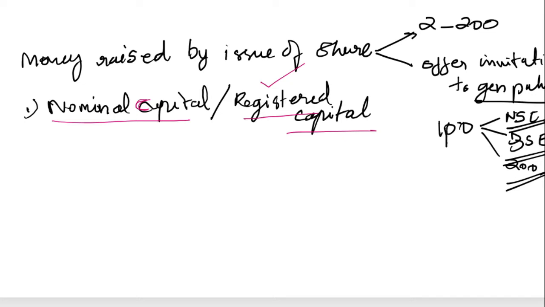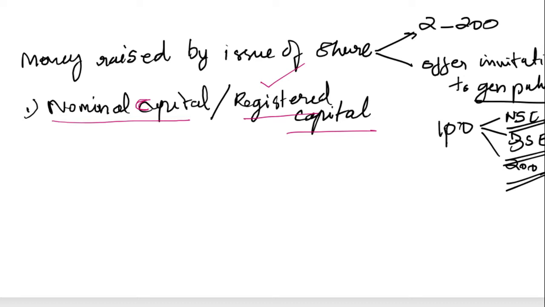Okay, all right. Next is, yeah. If they are not mentioning, that is called implied.